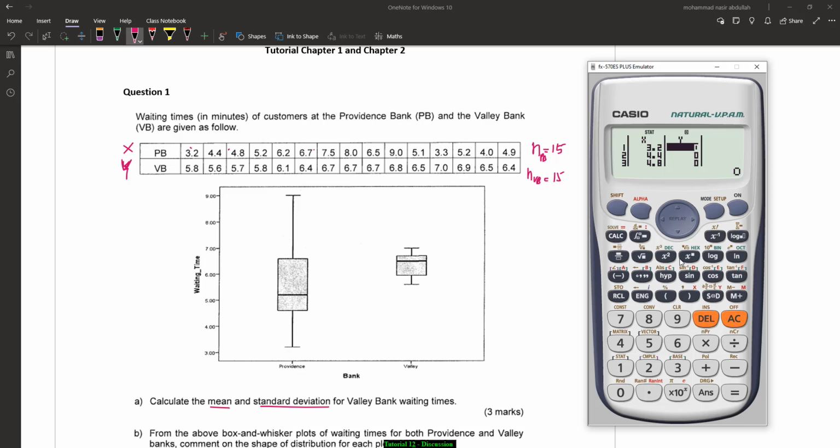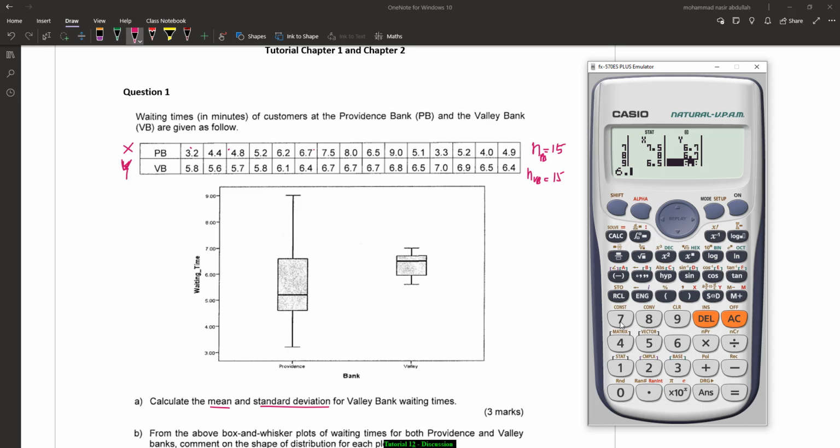So next, we enter simultaneously. No need to finish one and then do the other, that's slow. So 5.8, this is 5.6, and then 5.7, 5.8. Oops, see? If I use this calculator, I can check. So I know one data I did not enter, so I can recheck. 5.5, 5.6, 5.7, 8, 6.1, 6.4, 6.7, 6.7, 6.7 three times, right?